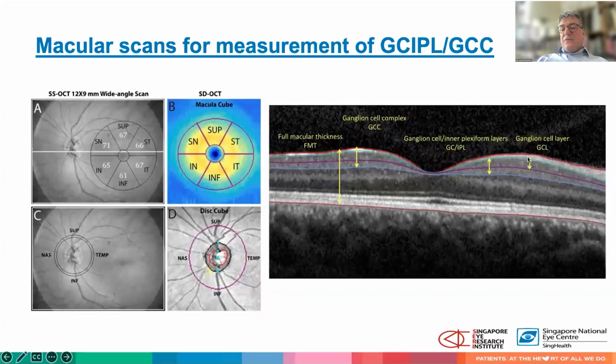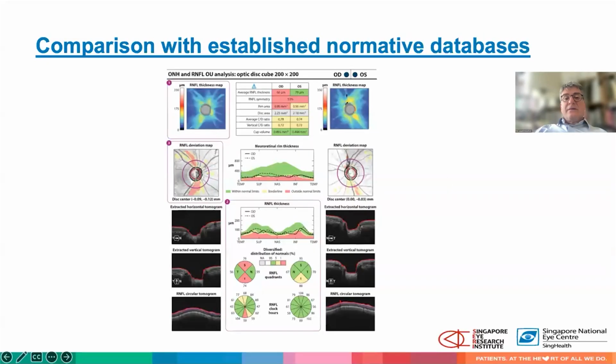This is a little bit different between instruments from different manufacturers, and this is usually also something that can be used to assess the integrity of the ganglion cells and of the retinal nerve fiber layers. This is usually done from volumetric scans of the macula.